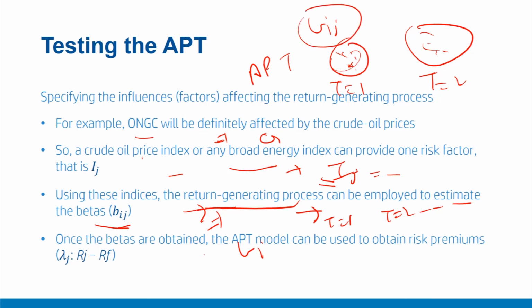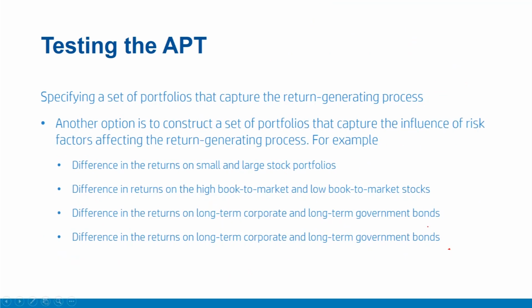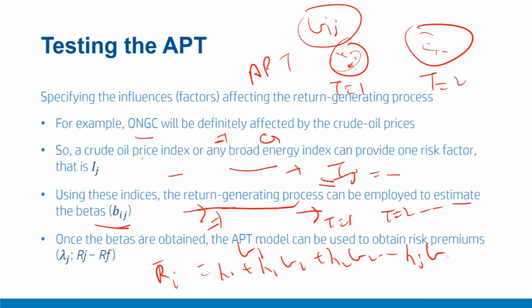We estimate lambdas from the APT model, which is lambda naught plus lambda 1 B1 plus lambda 2 B2, and so on up to lambda j Bj. This lambda is the risk premium, and once we have the estimates of lambda and sensitivity, we have the APT model completely specified.